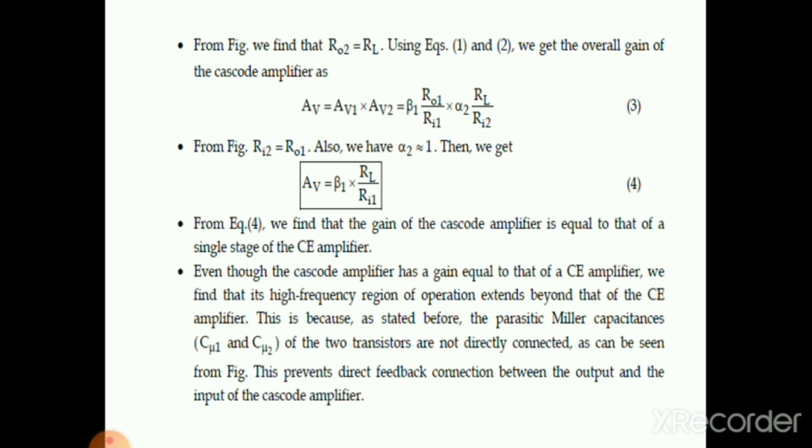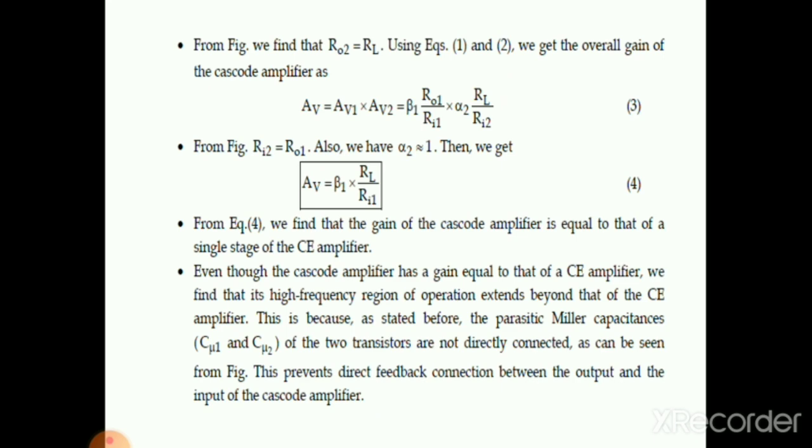Then we get AV is equal to beta 1 RL by RI1. From equation 4 we find that the gain of the cascode amplifier is equal to that of a single stage of the CE amplifier.